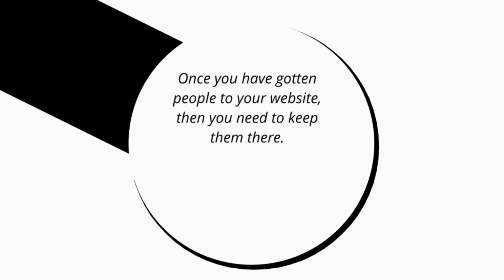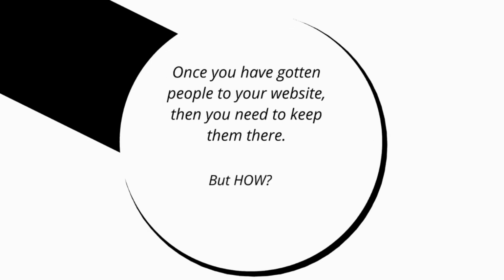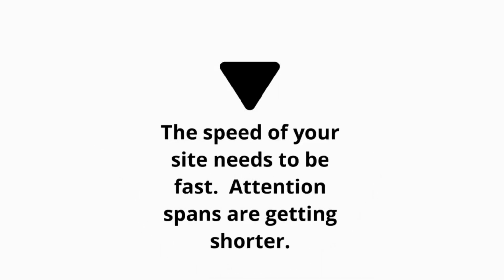So the big question is how? How do you get them to stay on your website and get fully engaged? Well, first things first, the way we've laid this video course out is to make sure that the speed of your website is fast, because a lot of times people overlook this factor and they go straight to the engagement plugins or straight to the content, and they don't know why people leave.